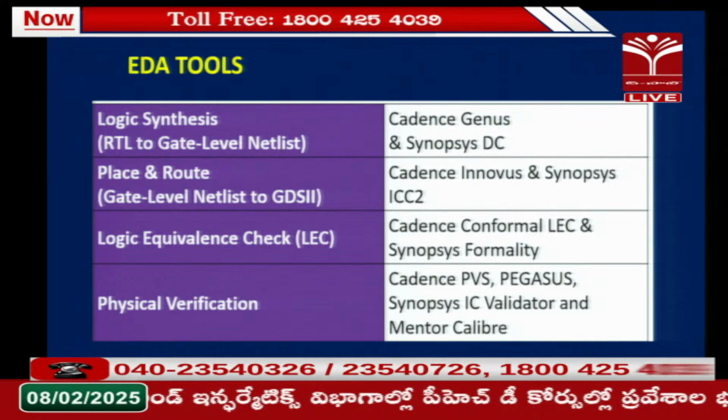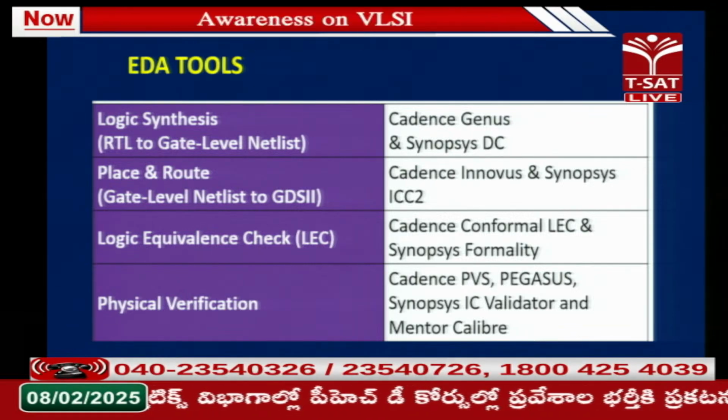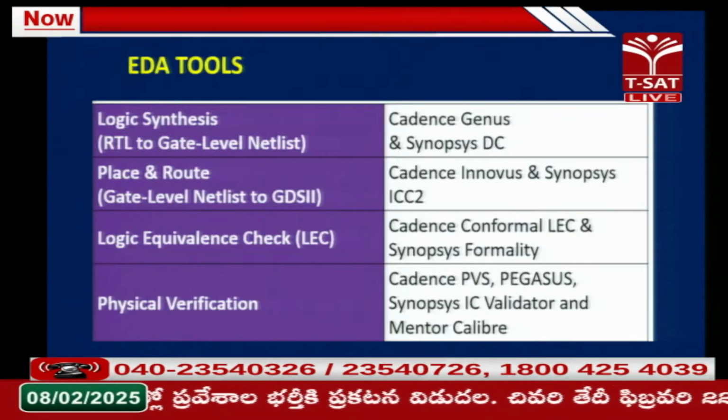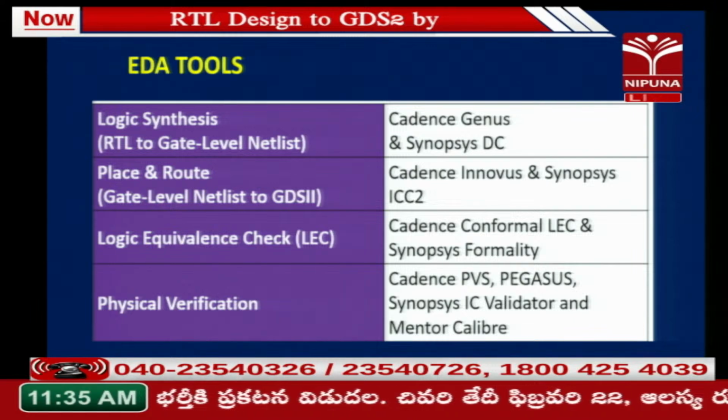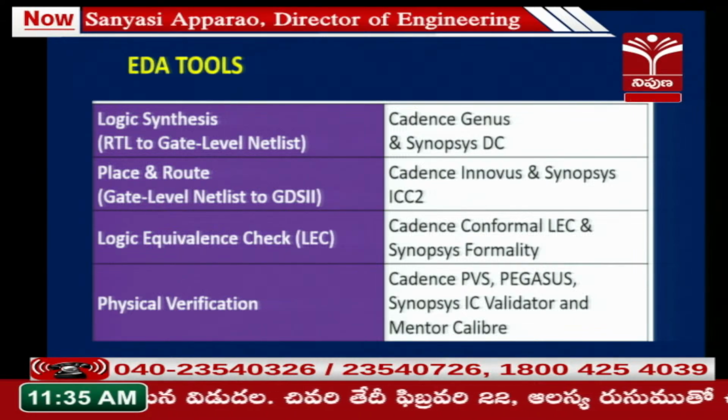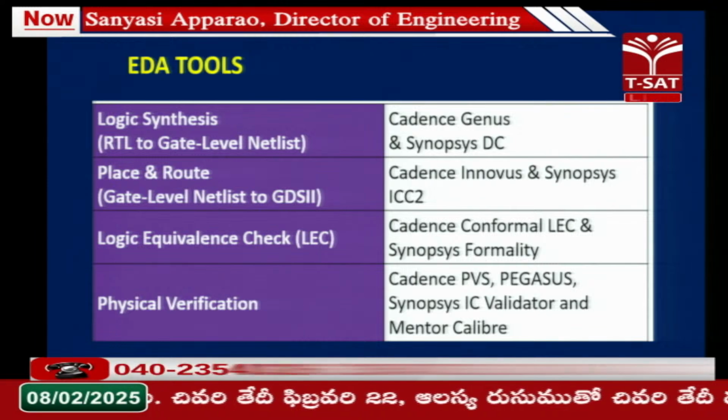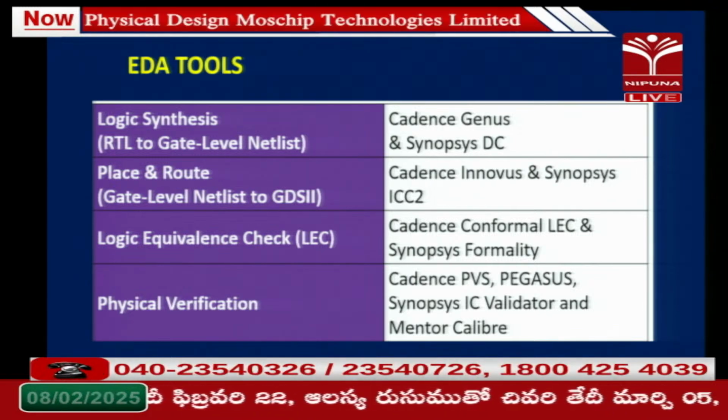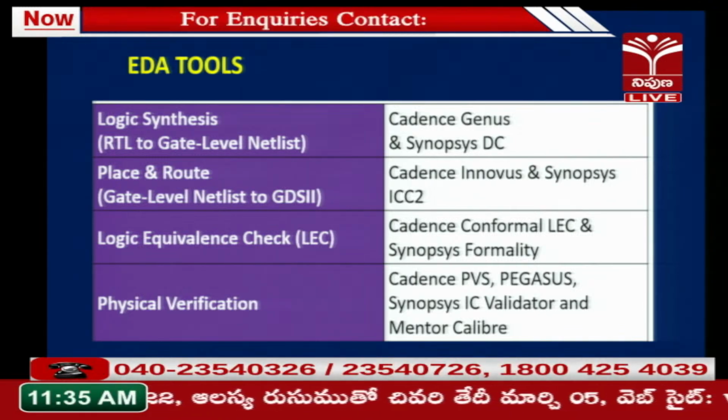These are the two famous tools for logic synthesis available in the industry. Next one is place and route, gate level netlist to GDS: Cadence Innovus and Synopsys ICC2. And for logic equivalence check, LEC, Cadence Conformal or Synopsys Formality.